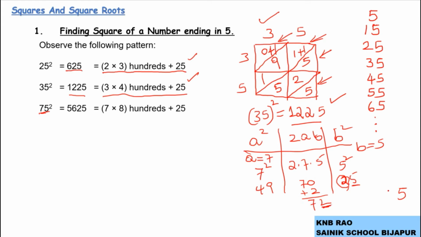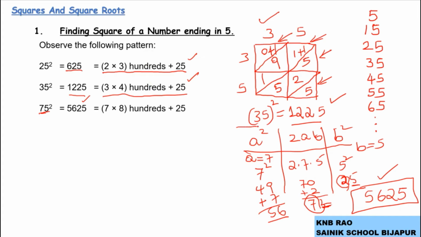Underline that 2 and take it here. These rest of the digits add to here, which becomes 56. Now underline them and write here. So this is the answer. This is what we got, 75 square? Yes, 5625.